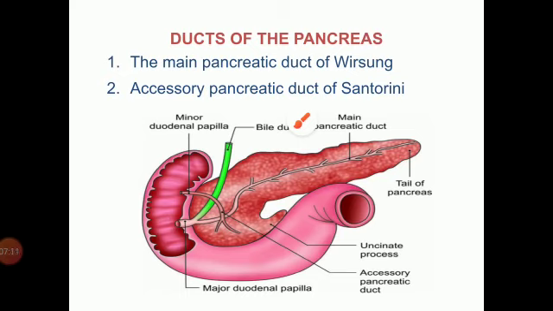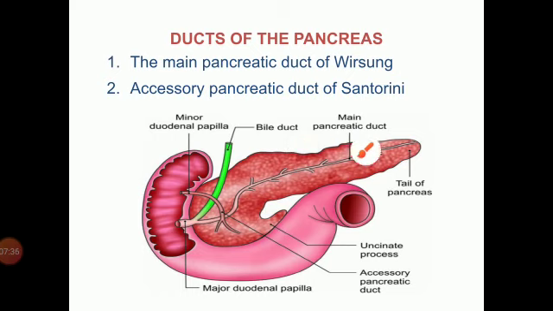Coming to the duct system of the pancreas, the exocrine pancreas is drained by two ducts, that is the main pancreatic duct of Wirsung and the accessory pancreatic duct of Santorini. The main pancreatic duct of Wirsung lies near the posterior surface of the pancreas and is recognized easily by its white color.